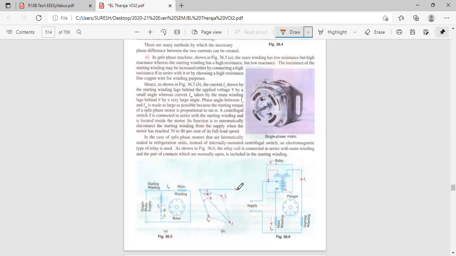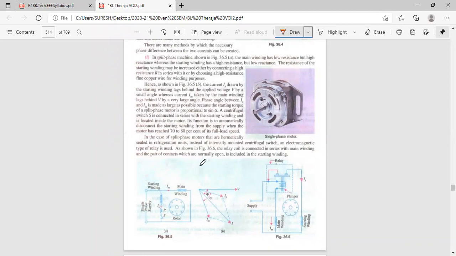In inductance, current lags the voltage. I have told you in second unit. In inductance, current will lag the voltage, but in capacitance, will current lead or lag? Two points you remember, write down.